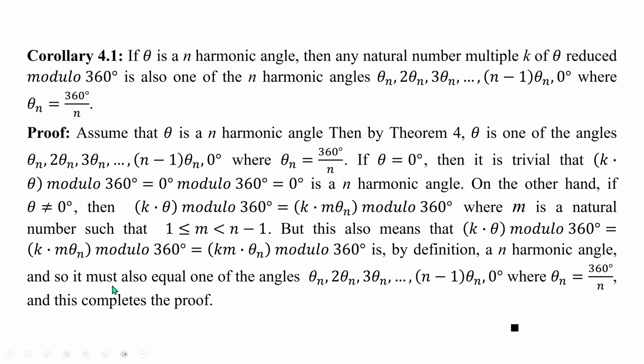And so it must also equal one of these angles where theta sub n is this. And that basically just completes the proof. We showed that if theta is an n-harmonic angle, we take any natural number multiple k of theta, reduce that modulo 360, we just get back one of these existing n-harmonic angles.